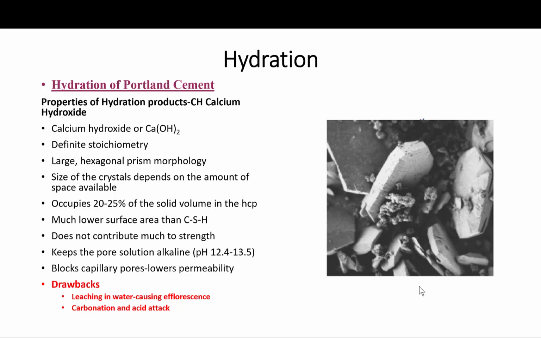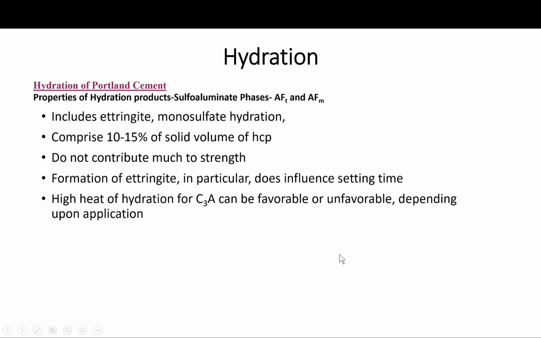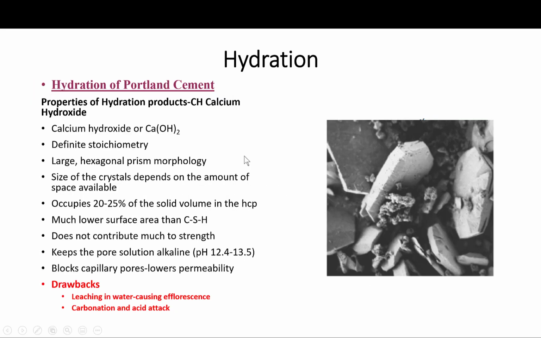Now, in contrast to the calcium silicate hydrate, the calcium hydroxide is a compound with definite stoichiometry, as you can see here: the calcium with the hydroxide ion. So it has a definite stoichiometry.